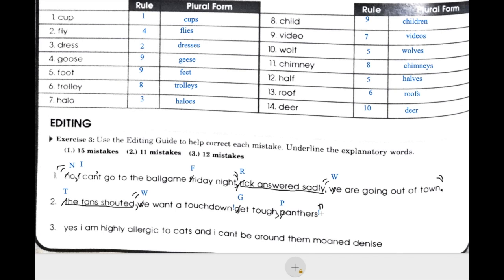All right, number 3. "Yes, I am highly allergic to cats and I can't be around them," moaned Denise. Let's start by underlining our explanatory words. Moaned Denise. And let's put our quotation marks around our whole quotation. We have explanatory words at the end this time. Capitalize the first word.